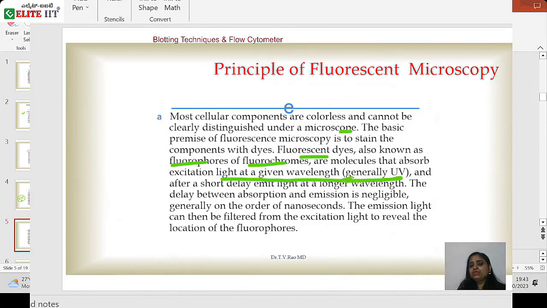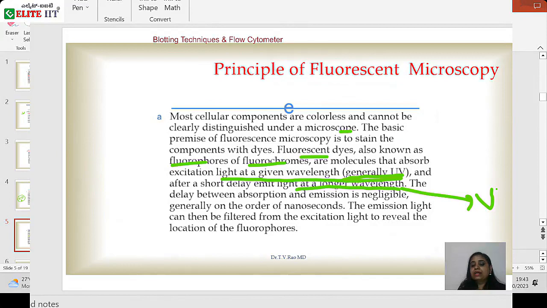So the source of the light is generally UV, and after a short delay, they emit light at a longer wavelength. So the emission light wavelength is higher, energy is less, and in most cases you will get this light in the visible region.